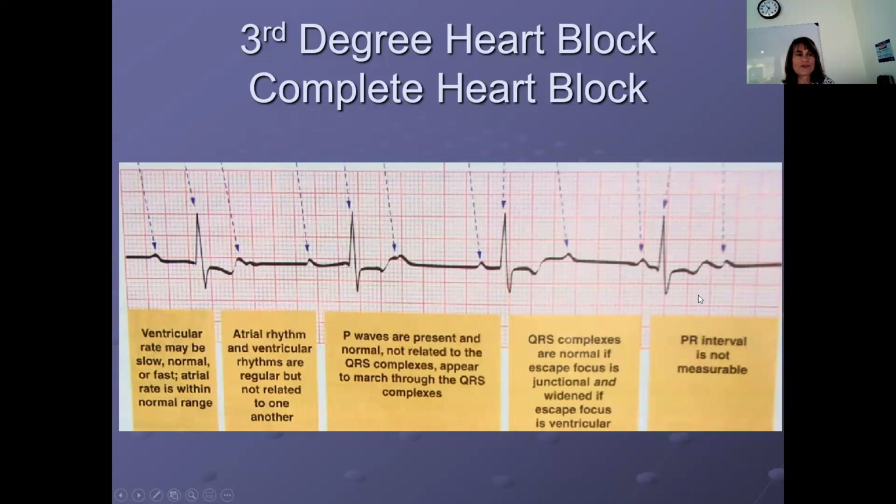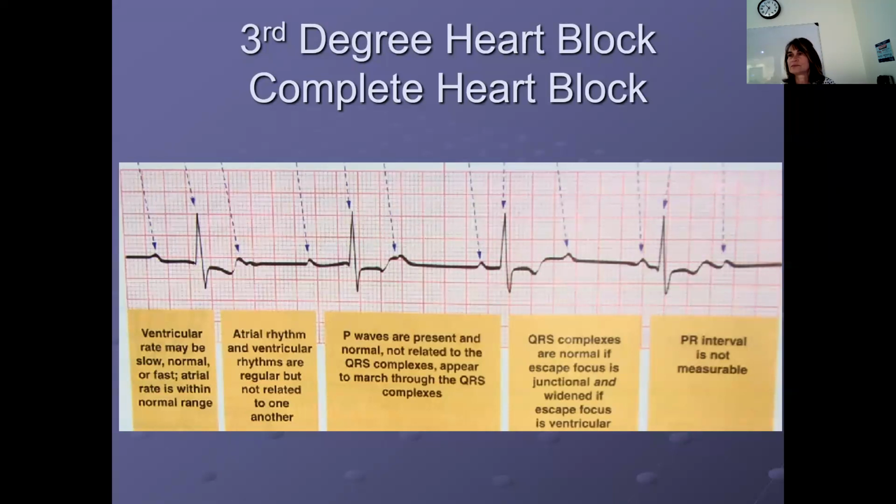So if the PR intervals don't make sense, erase that from your mind and think, P waves are regular with each other. QRSs are regular with each other, and they're really slow. You're going to come to the conclusion that you're looking at complete heart block.